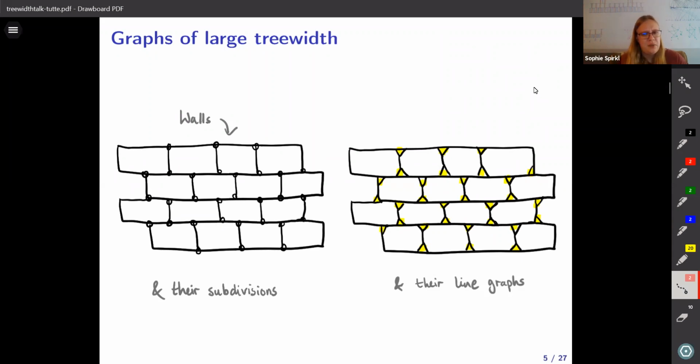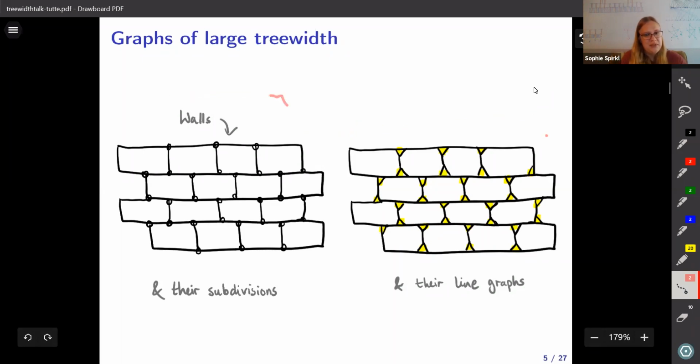Curiously, what you get now as well is line graphs of subdivisions of walls. So this is a line graph of a subdivided wall, where line graph just means you make a vertex for every edge and make 2 of those adjacent if the edges share an end. And these 2 things, neither of them contains a large instance of the other, because if you look at this, it has triangles, whereas this one doesn't.